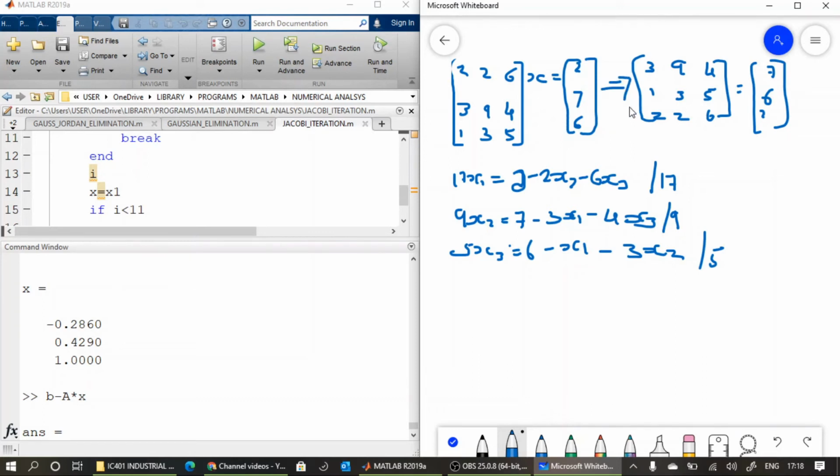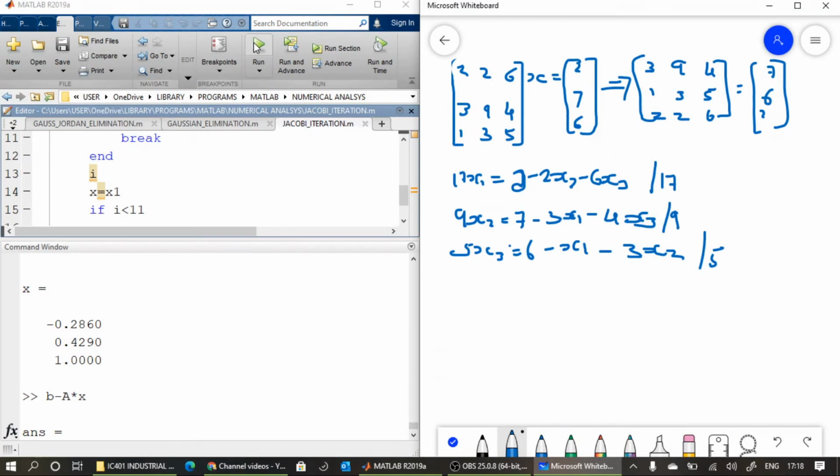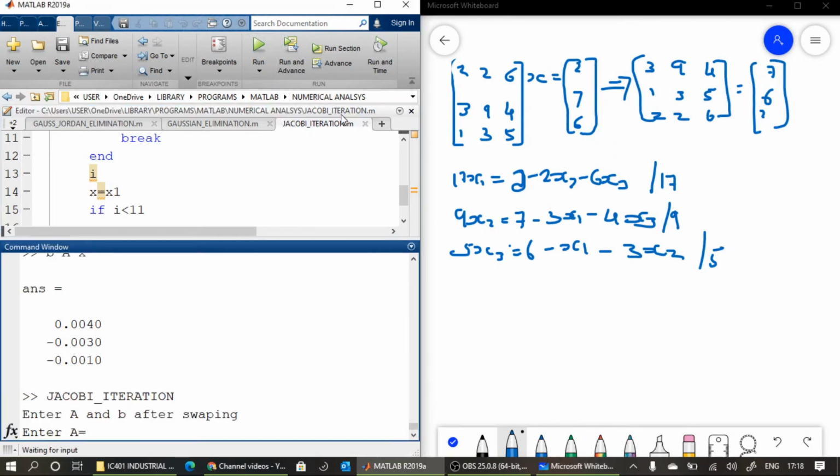Okay, so for this one, if you are running this algorithm, then 3, 9, 4, 1, 3, 5, 2, 2, 6. b is equal to 7, 6, 2.